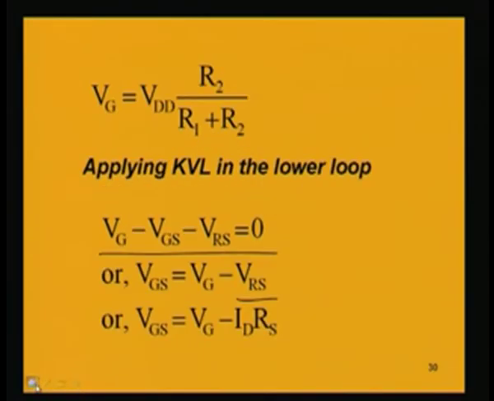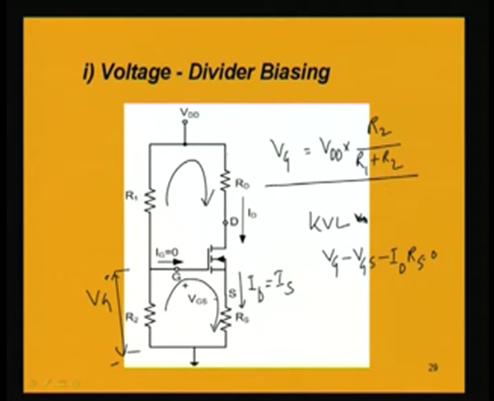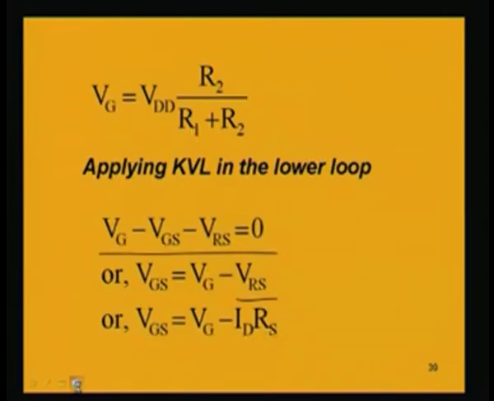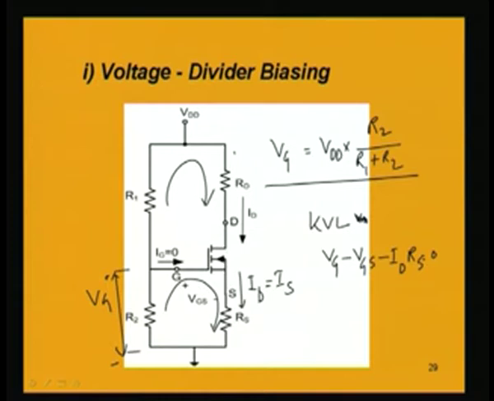Again, if we apply Kirchhoff's voltage law in the upper loop, going this way along the outer loop, we get VDD minus IDRD minus VDS minus VRS equal to 0.